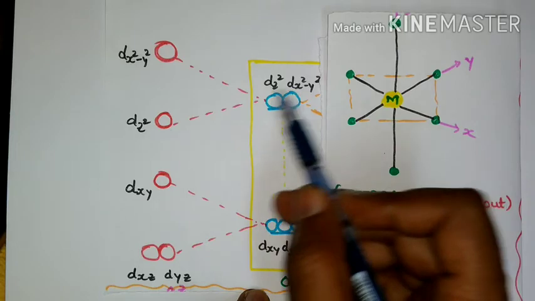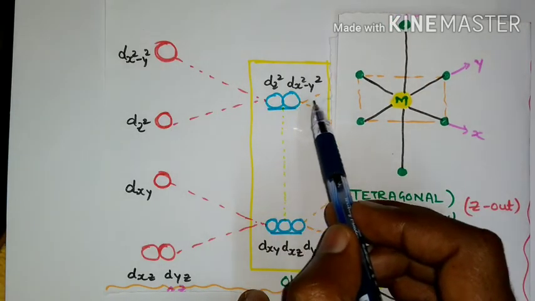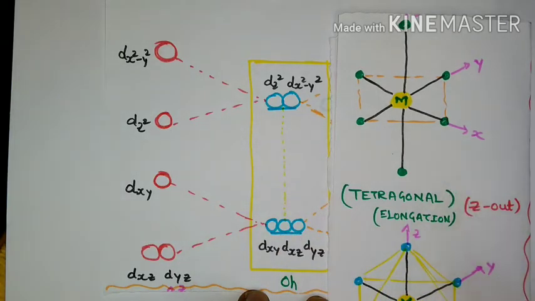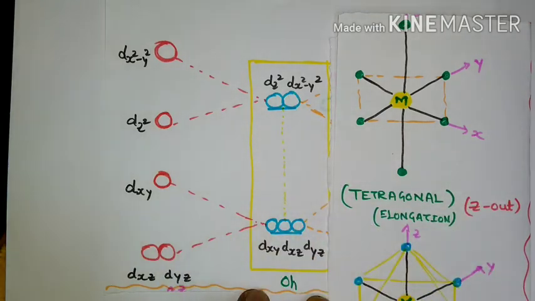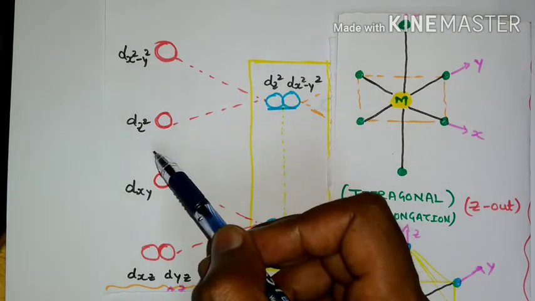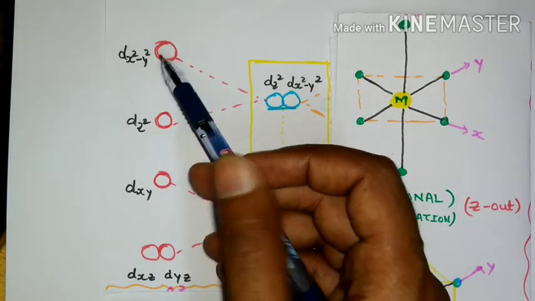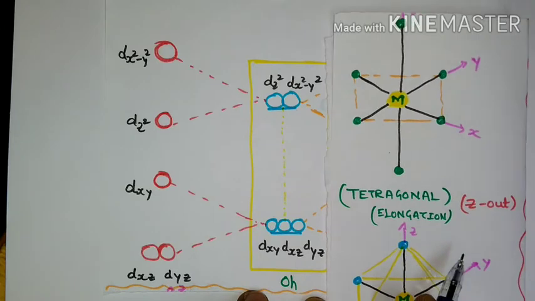Now in the octahedral geometry, dz square and dx square minus y square are degenerate. If you come to tetragonal and square pyramidal geometry, this degenerate orbital further splits. That is, the dz square component will come lower in energy, whereas the dx square minus y square component will increase.